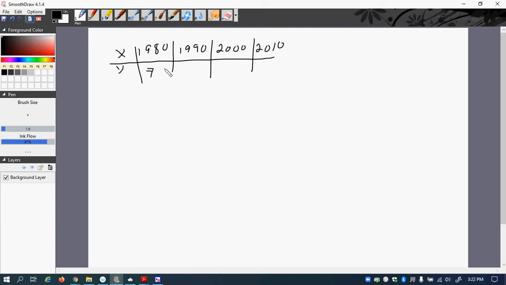And then the data for y is 7, 77, 283, 646. Now we're supposed to come up with y equals a times (x minus h) squared plus k. That's what we want.